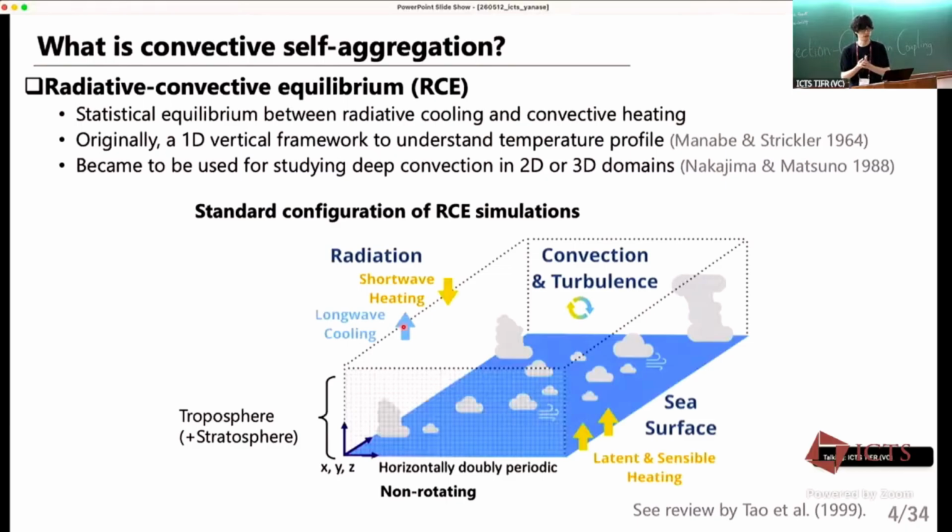The radiative cooling destabilizes the atmosphere and the convection stabilizes the atmosphere. This balance is radiative convective equilibrium. The domain typically covers the troposphere, but some studies include the stratosphere, and some discuss QBO-like oscillations. But the typical focus is the troposphere and moist convection within it.